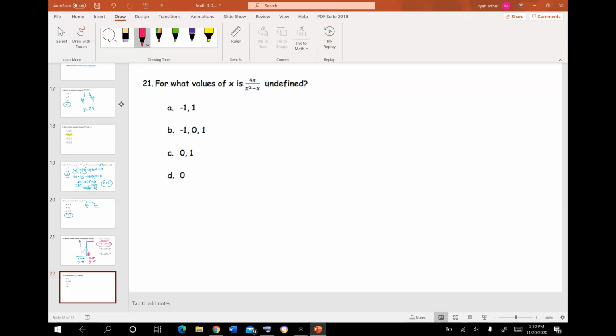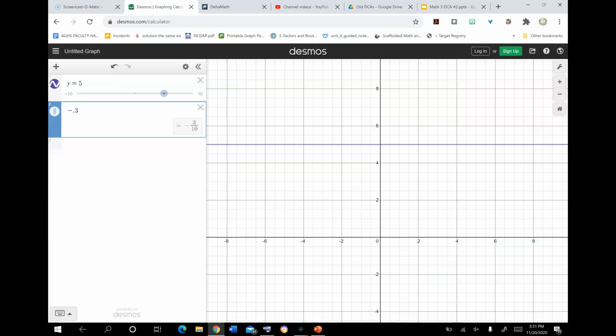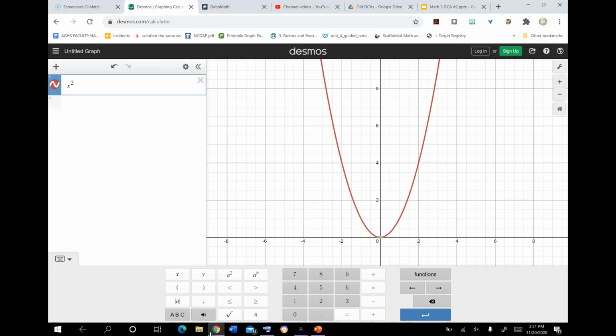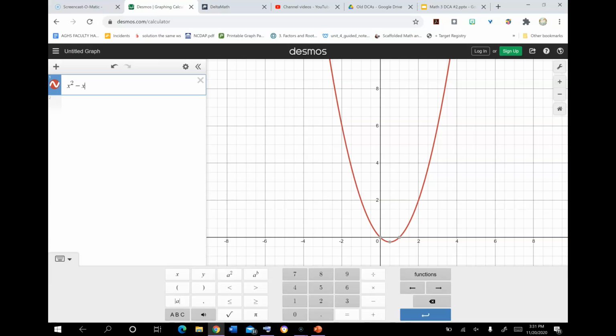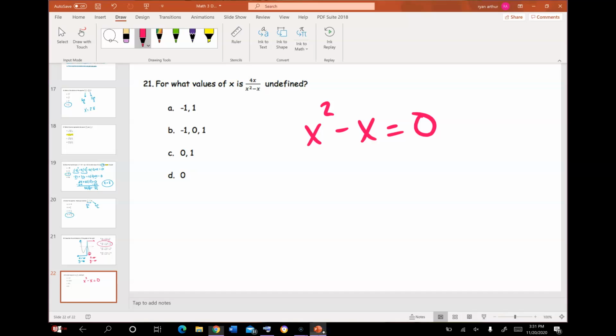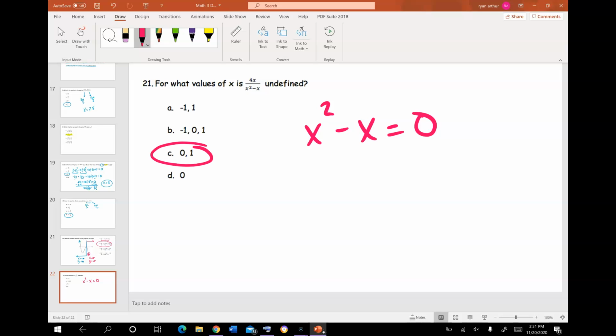So you take your denominator and set it equal to 0. So I need to figure out where this equals 0. Well, that's on your graph. So you just type the denominator in. X squared minus x. It is 0 where it crosses the x-axis. So it's 0 at 0 and 1. So 0 and 1 is right here. And that's your answer.